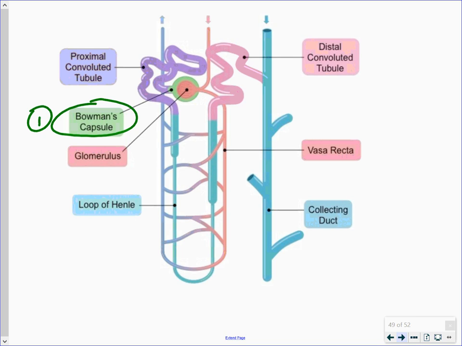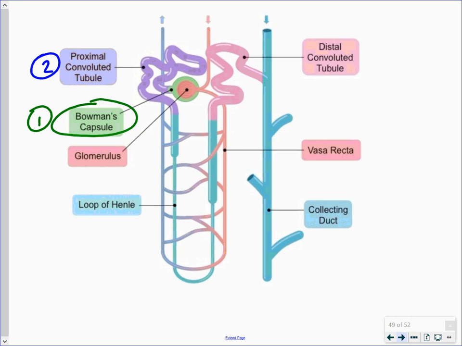From there, what we now have inside of the nephron is referred to as the filtrate. And this filtrate is similar in appearance and in terms of many of the materials that you find in it to the blood plasma. So from Bowman's capsule, the second region that it goes into is referred to as the proximal convoluted tubule that we see in purple here.